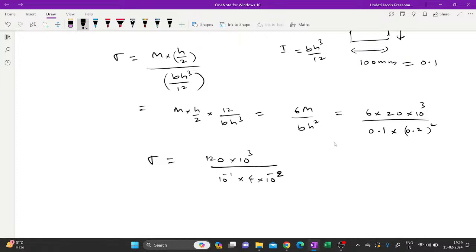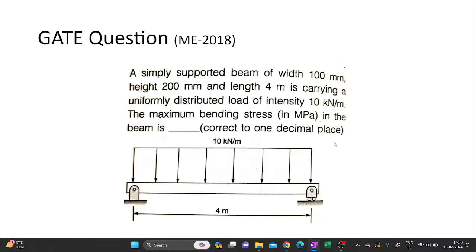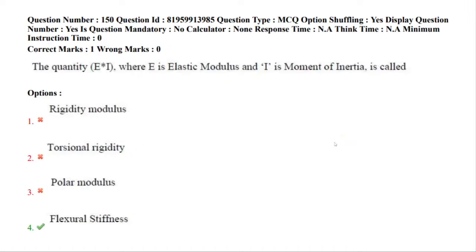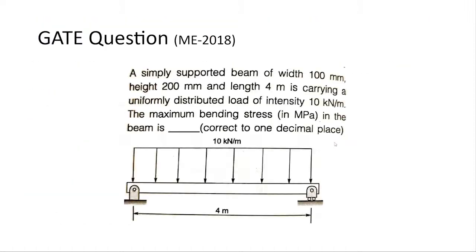If you simplify, that is 10 power of minus 3, and 10 power of 6 by 4 comes out to be 30 into 10 power of 6 Pascal, which is 30 megapascal.